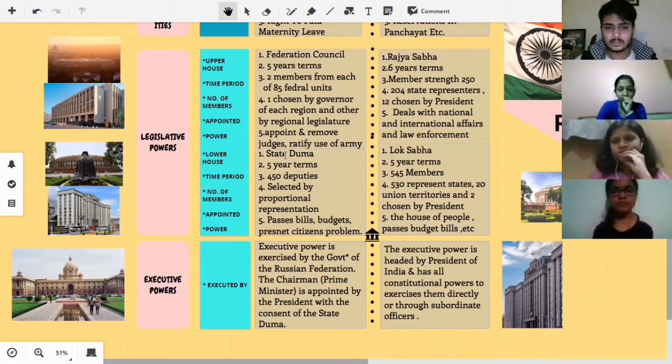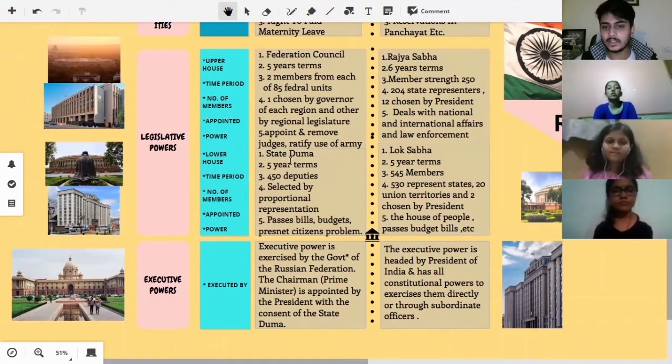Now, the lower house of Russia is the State Duma, and the lower house of India is the Lok Sabha. On the time period, the State Duma works over 5 year terms, but in 2008 it was about 4 years. After the amendment, it's now 5 year terms.